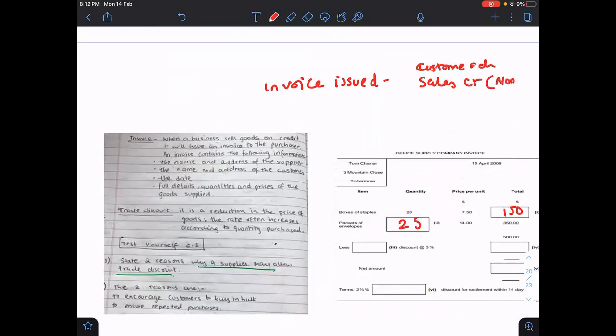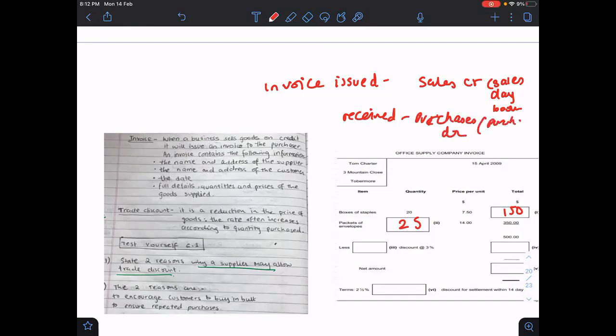सेल्स डे बुक। बुक्स ऑफ इन्वेंटरी, सेल्स डे बुक। और मुझे सिर्फ एंट्री चाहिए कि सेल्स की एंट्री होगी। ओके, इनवॉइस रिसीव्ड कौन सी एंट्री? Purchases, क्रेडिट परचेजेस। कौन सी बुक?